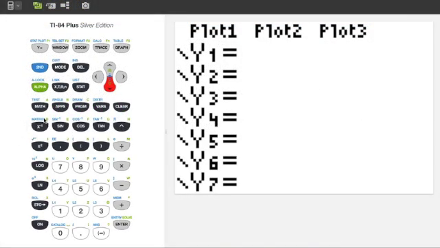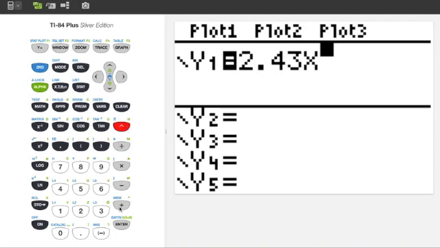So going to my calculator, we're using the function y equals 2.43 x raised to 0.3326. So that's the function I want to graph.